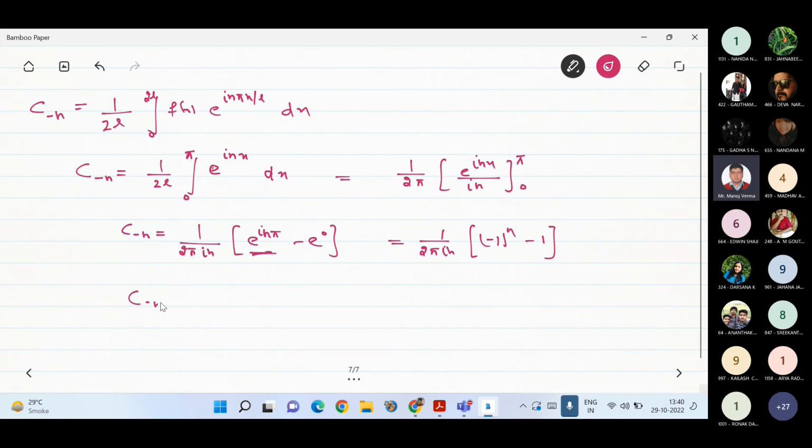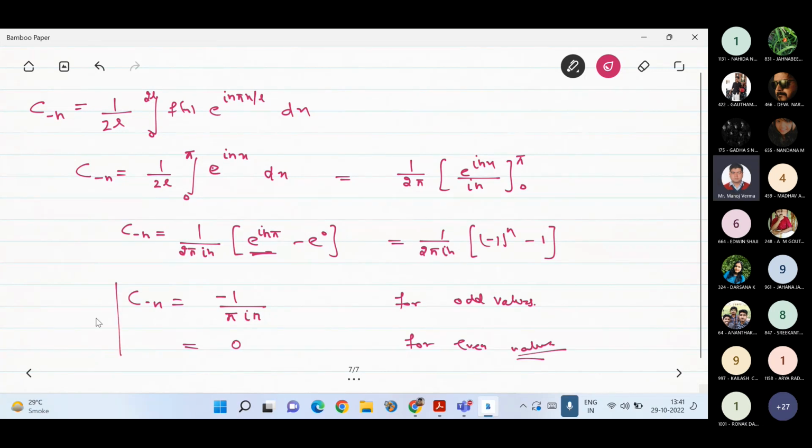So again, this c minus n will become minus 1 over pi iota n for odd values, and for even values it will be 0.